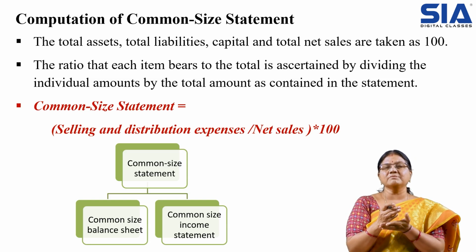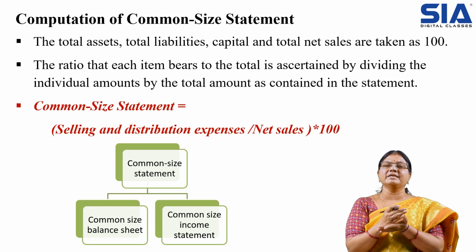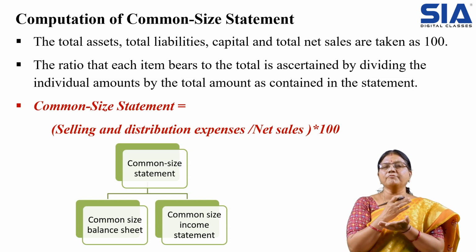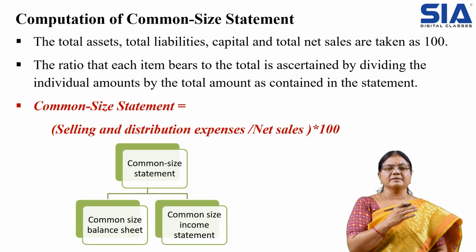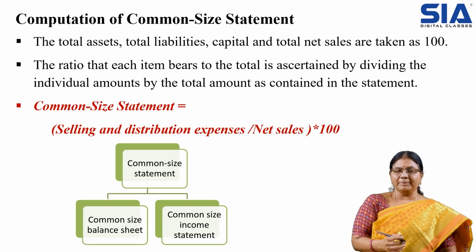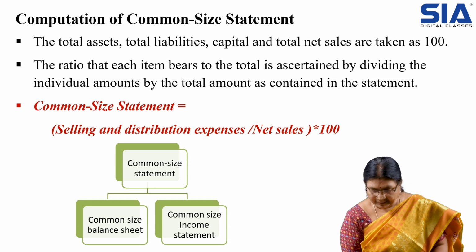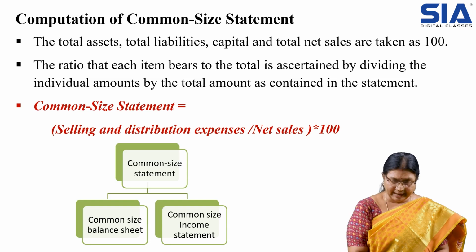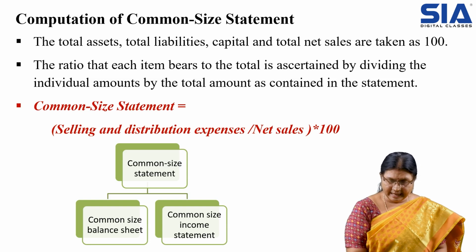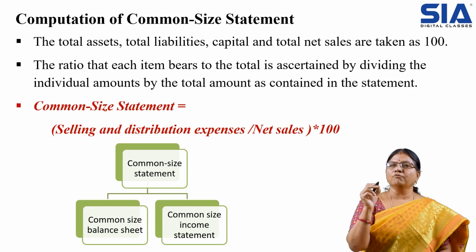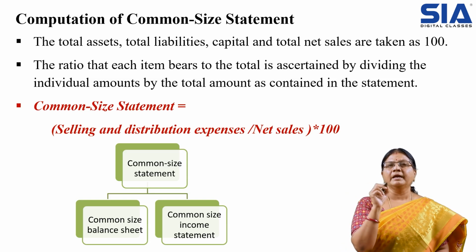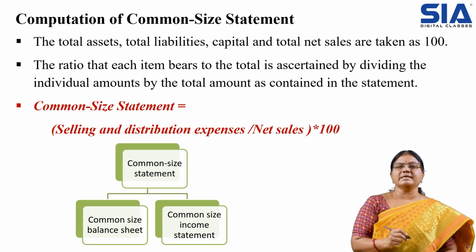Total assets or liabilities are taken as 100% in the balance sheet, and in the income statement, the net sales are taken as the 100% base. Here is an example where the sales are taken as 100. Each item is calculated as a percentage, for example, sales and distribution expenses divided by sales into 100. That tells us the proportion of sales and distribution expenses in the sales.